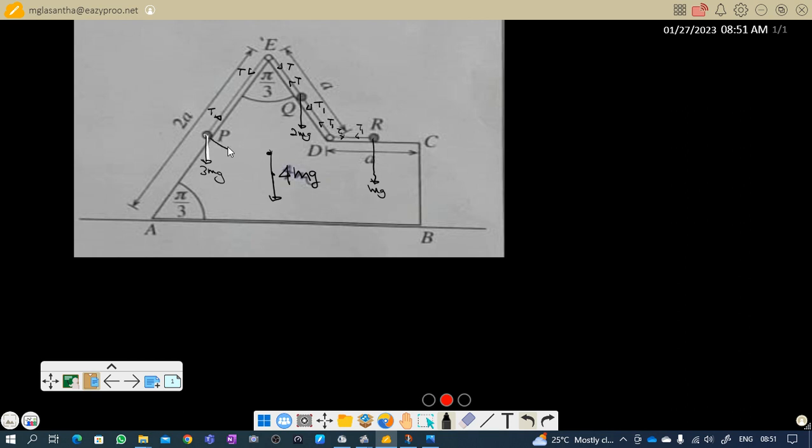Here you can mark the perpendicular reaction, as the particle is in the other direction, right?